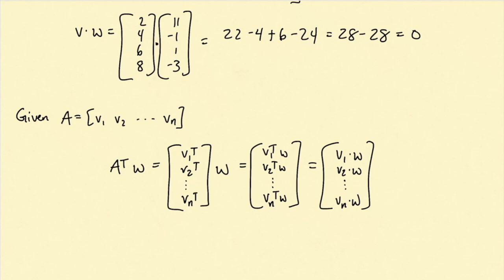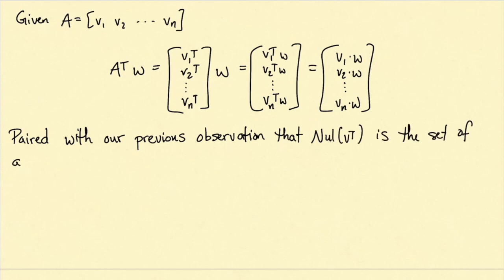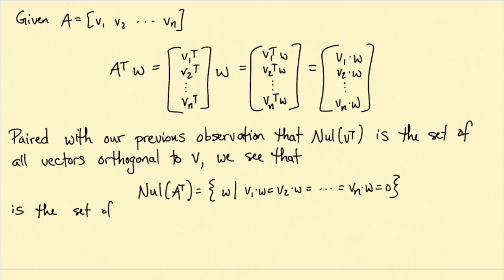Paired with our previous observation that the null space of v transpose is the set of all vectors orthogonal to v, we can see that the null space of A transpose will give us the set of vectors w so that v1 dotted with w, v2 dotted with w, all the way down to vn dotted with w is equal to 0, which is the set of vectors orthogonal to each of v1, v2 through vn.